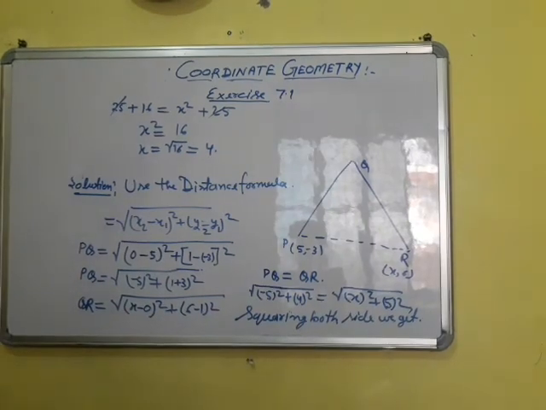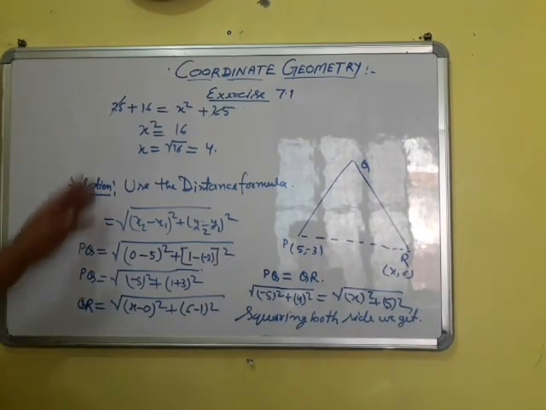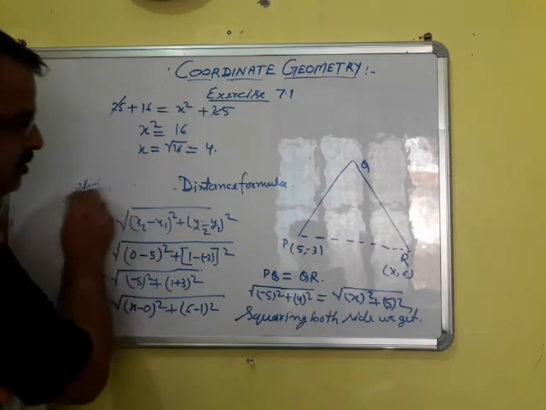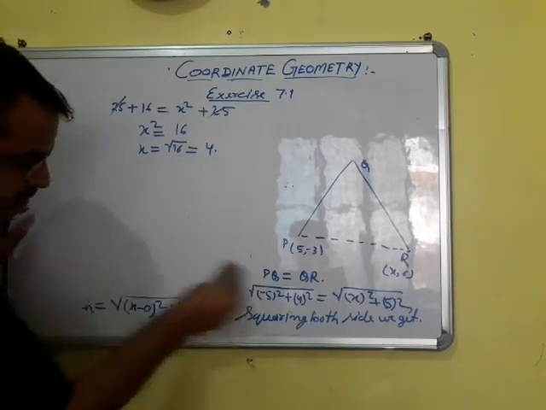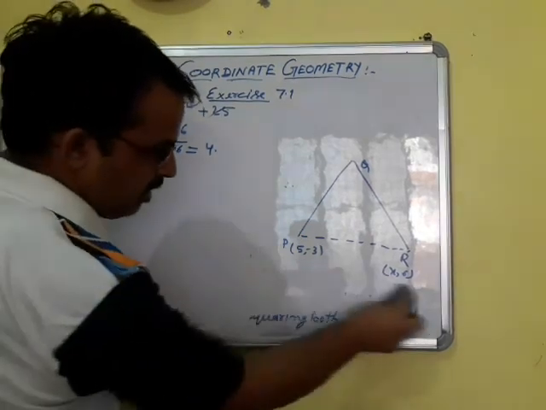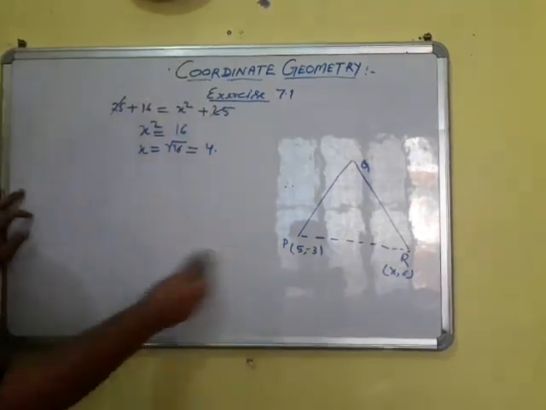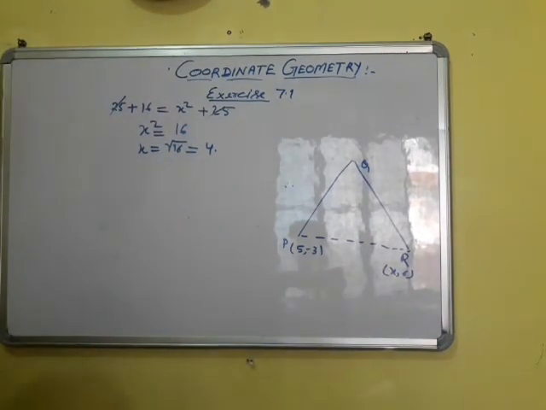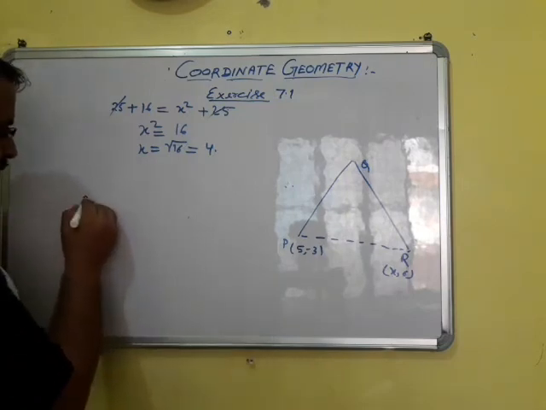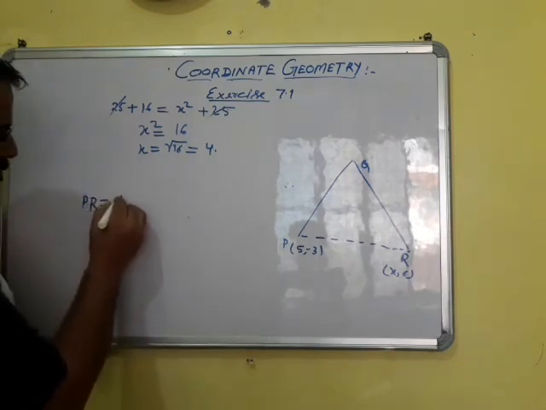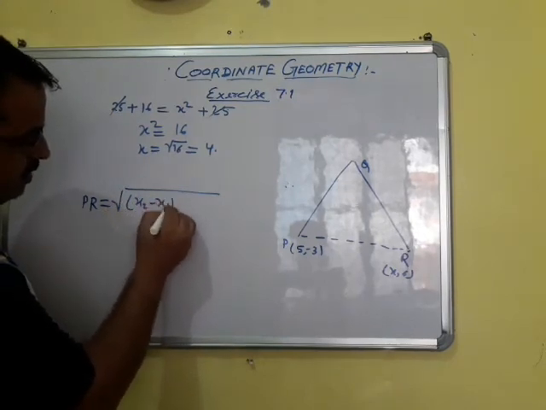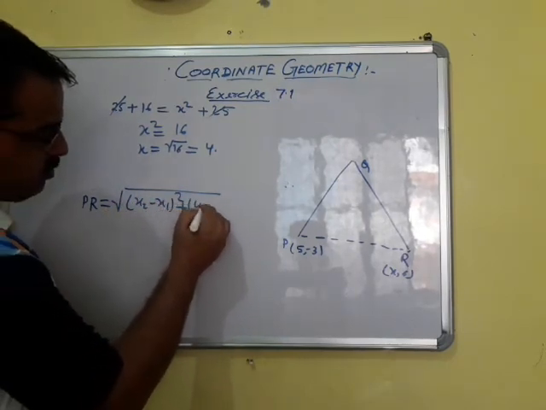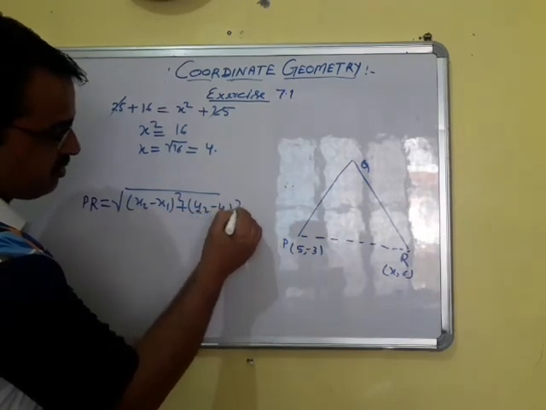Now use the distance formula. The distance between P and R is equal to root of (x2 minus x1) whole square plus (y2 minus y1) whole square.